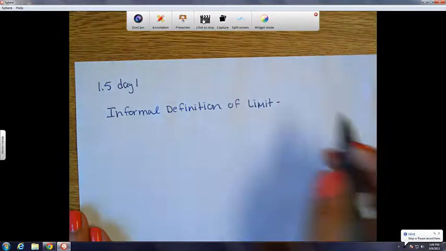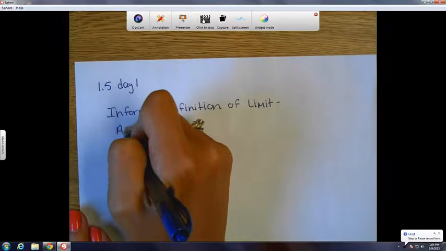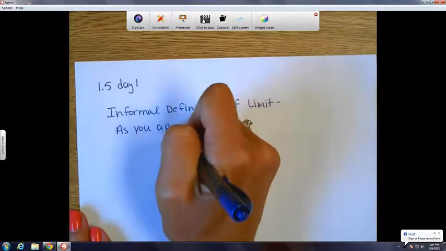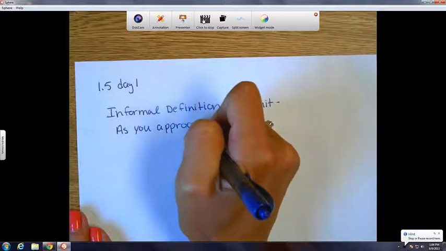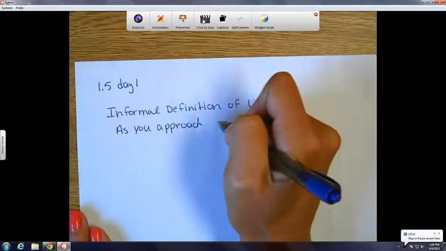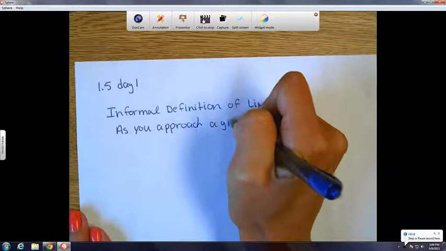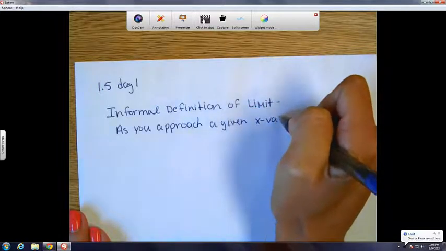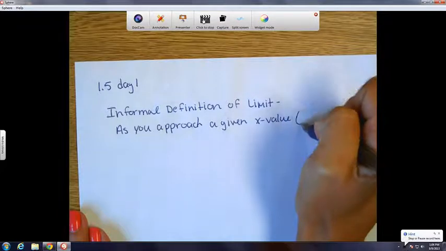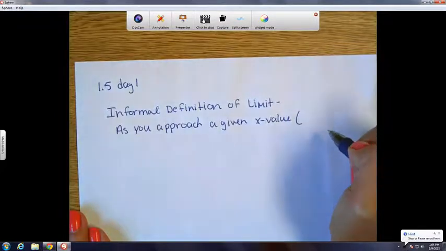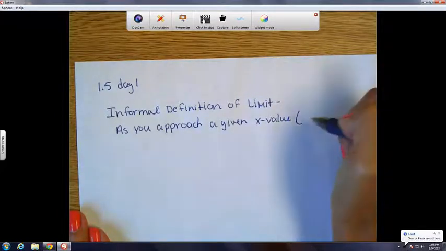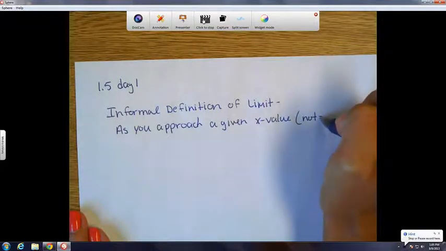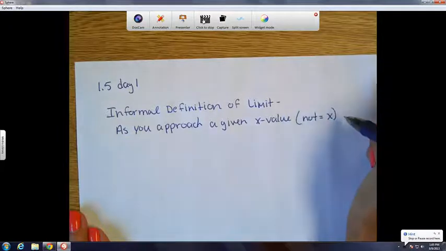And what it says is, as you approach a given x value, but the idea is that you never actually reach that x value. So, not ever equal to x. So you're approaching x, but you don't ever land on x.